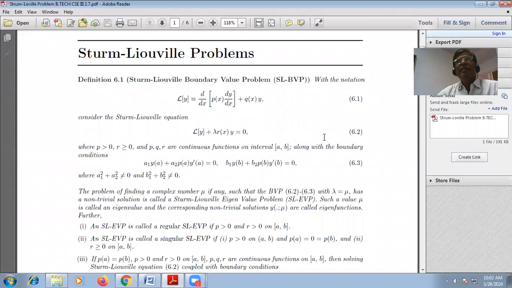This can be taken as another equation, where the condition is that p should be greater than 0. Here p means a positive function. r is also greater than or equal to 0, meaning r should be non-zero and positive.